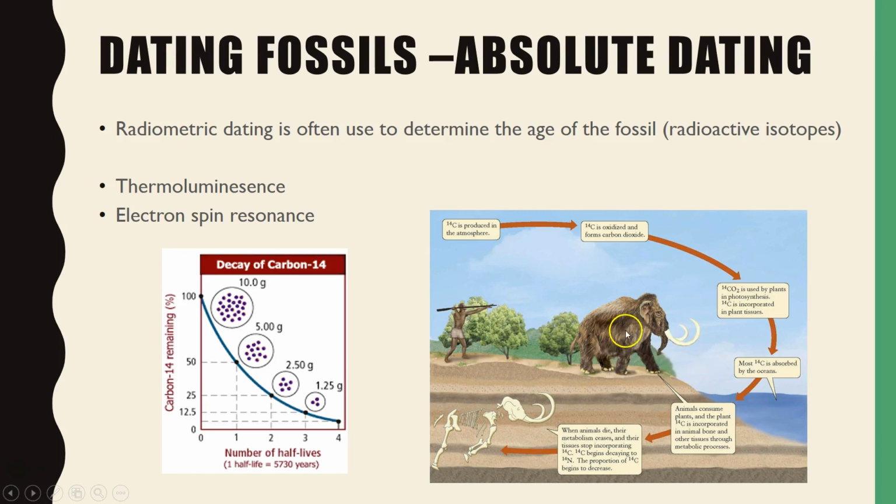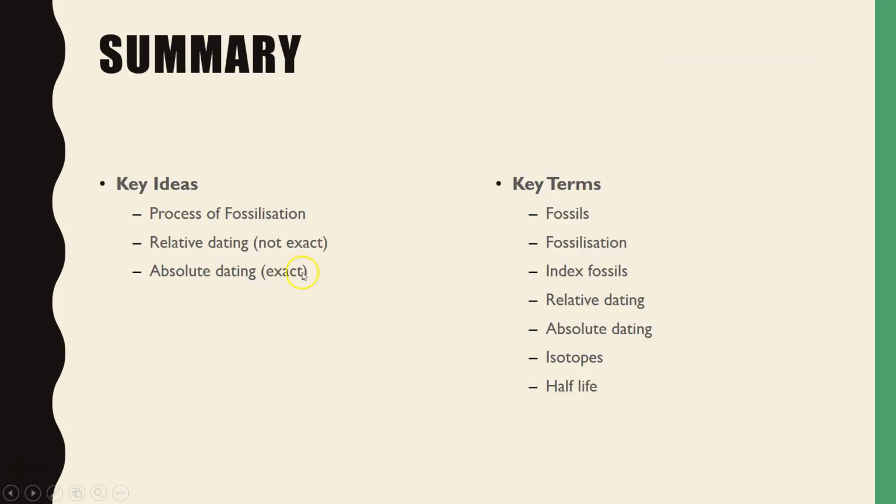But once they have died, obviously they're not going to be eating anymore, so that carbon-14 will be decaying and the proportion will decrease, which is why we can use this to help approximate the age of the fossil. These are the ideas you need to be able to understand, and these are the key terms.